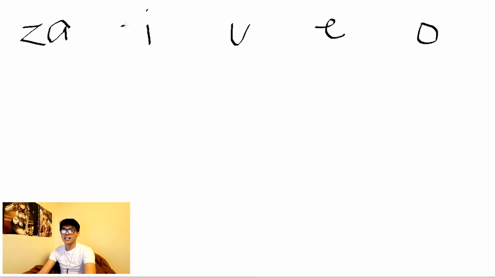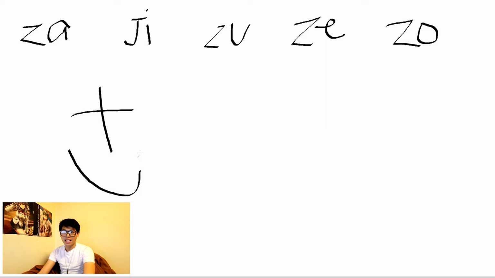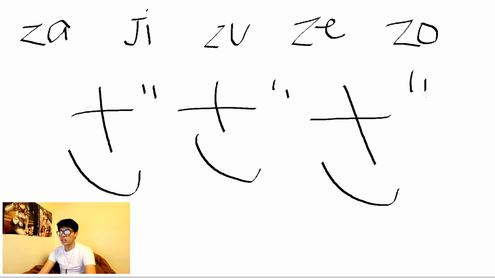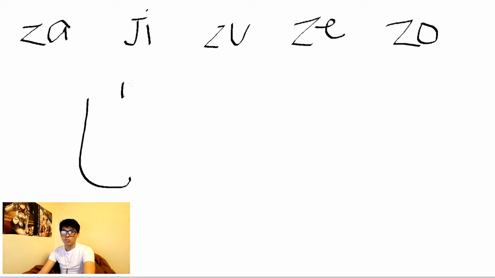So how about za? They have Z, but they changed it. Okay, za, ji, zu, ze, zo. From sa, put this one to become za, 1, 2, 3, 4. That's za. From shi, put this one to become ji.